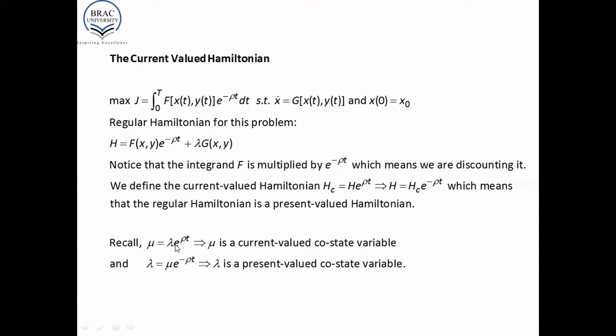Recall mu is equal to lambda e to the power rho t. Mu is a current valued co-state variable, and lambda is equal to mu e to the power negative rho t, which means lambda is a present valued co-state variable. Hoy makes this distinction between present valued and current valued. So whenever something is discounted, he calls it a present valued variable, and if something is compounded, he calls it a current valued variable. Right, so you need to understand this distinction.